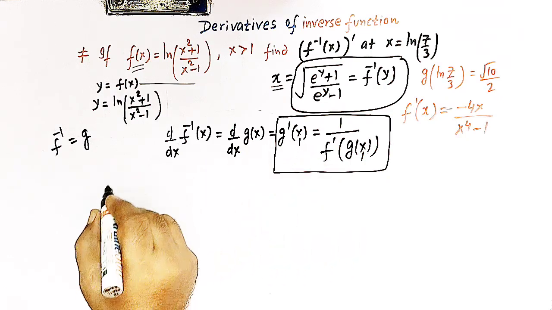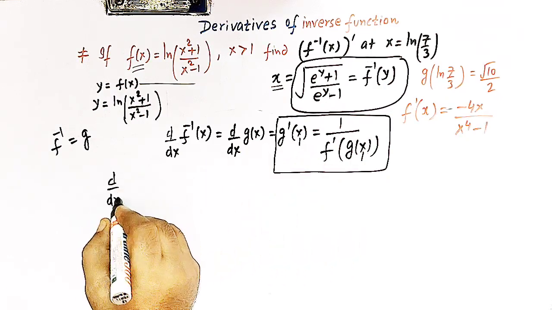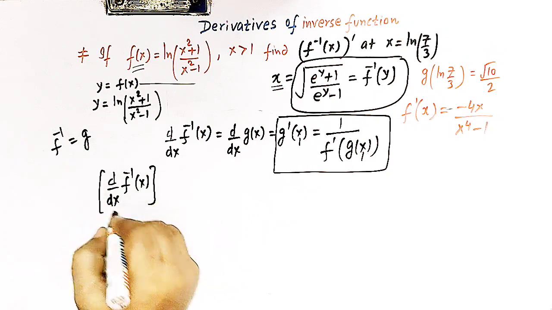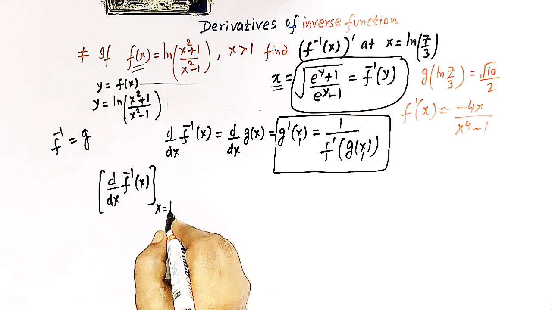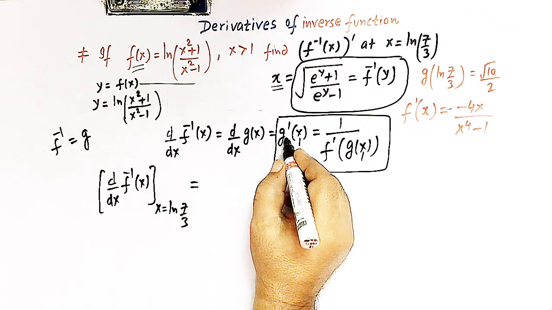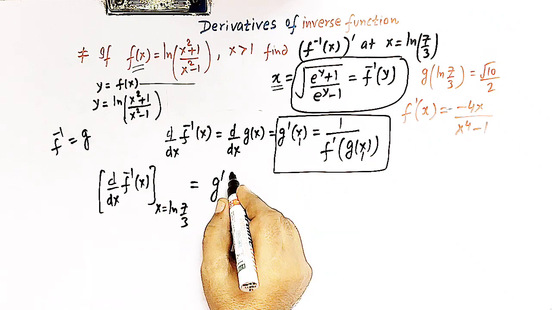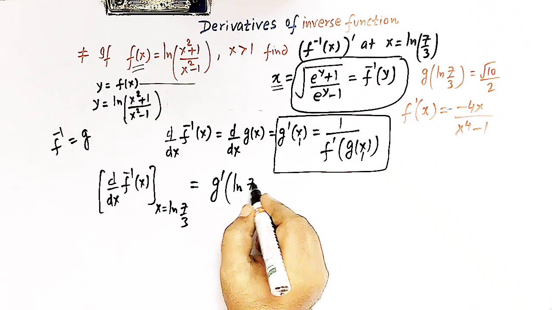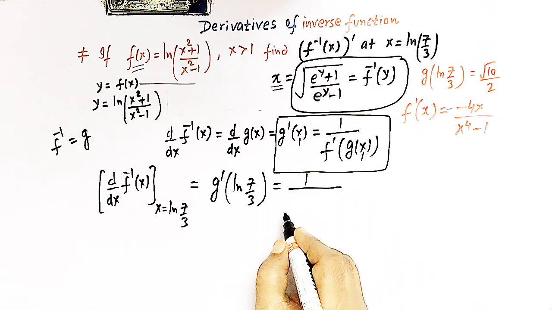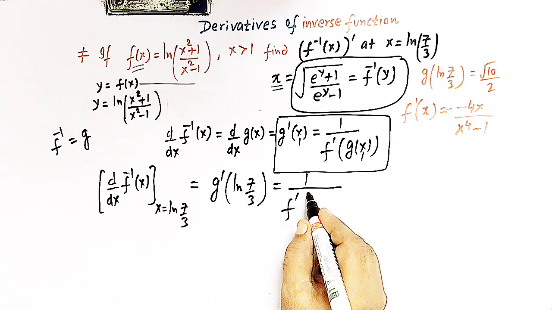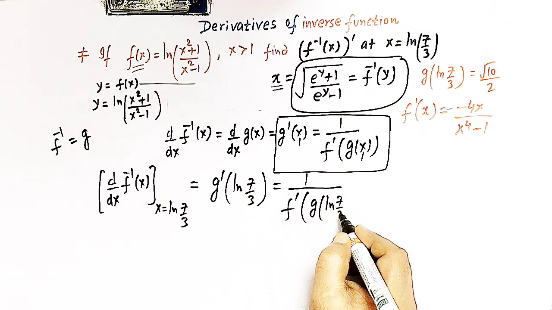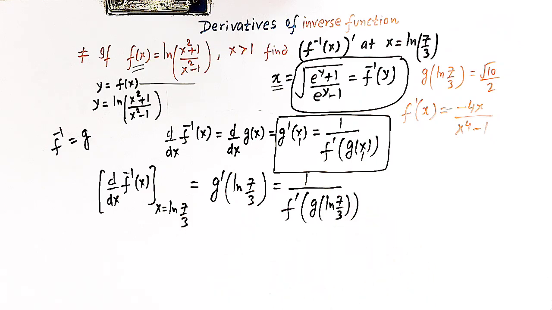So we have now d by dx of f inverse of x at this point, that is x is equal to natural log of 7 over 3, and this is equal to g prime of natural log of 7 over 3, and this is further equal to 1 over f prime of g of natural log of 7 over 3, right?